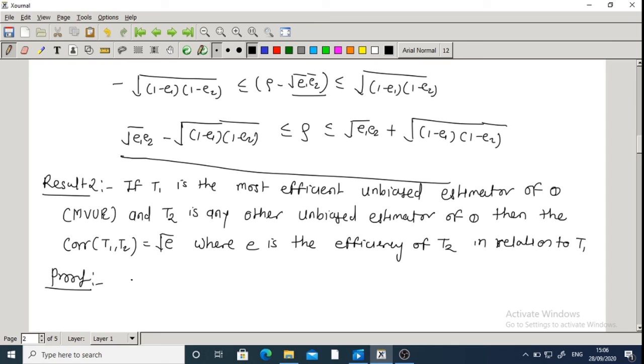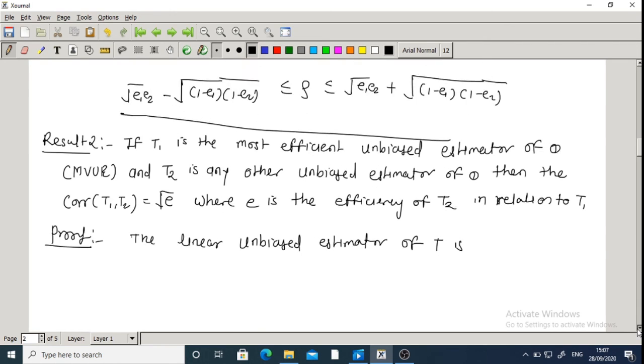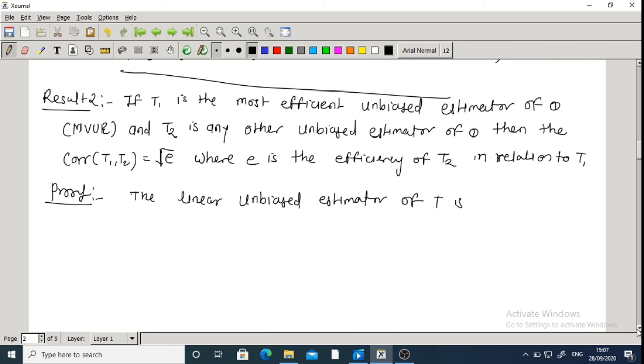we know the linear unbiased estimator of t is, so what is the linear unbiased estimator of t? T is equal to A into T1 plus (1 minus A) into T2.